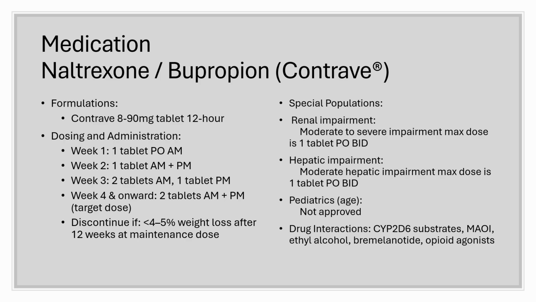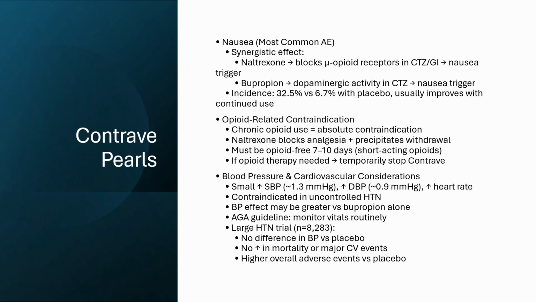Bupropion's drug interactions include medications that are CYP2D6 substrates, the use of MAOIs, ethyl alcohol, bremelanotide, and opioid agonists. Naltrexone and bupropion likely produce a synergistic or additive effect on the nausea pathways.